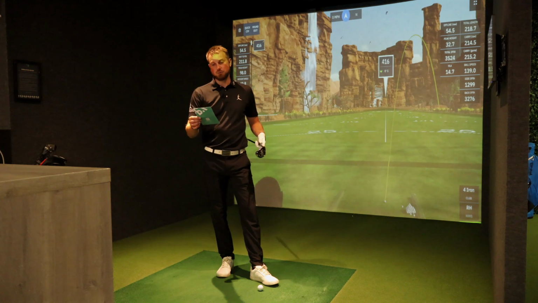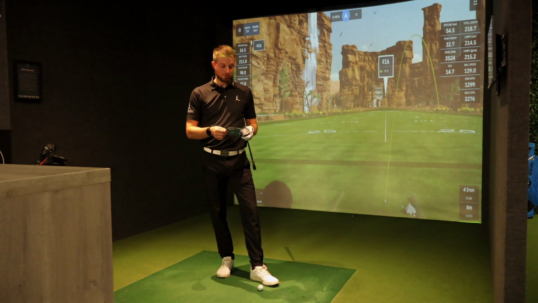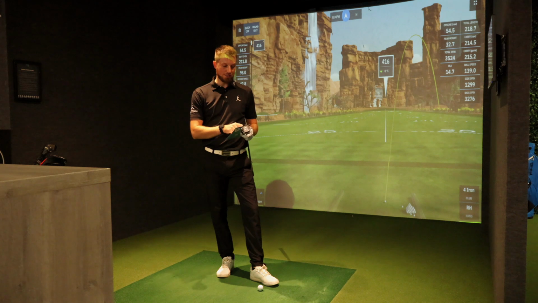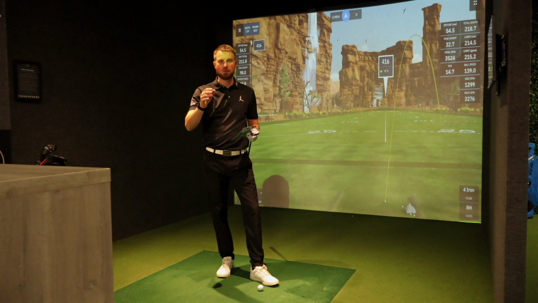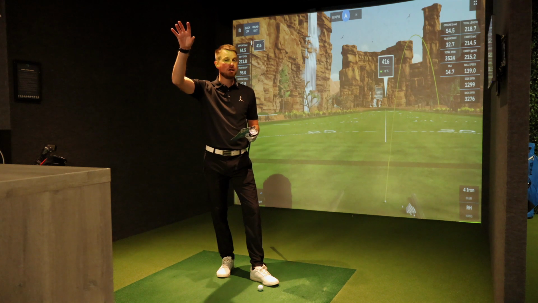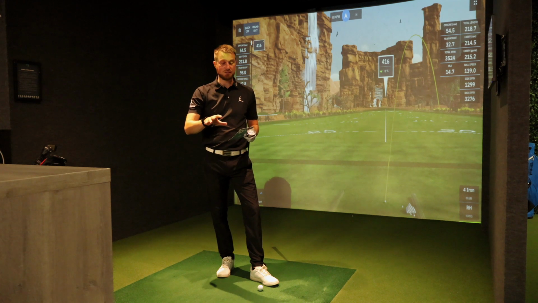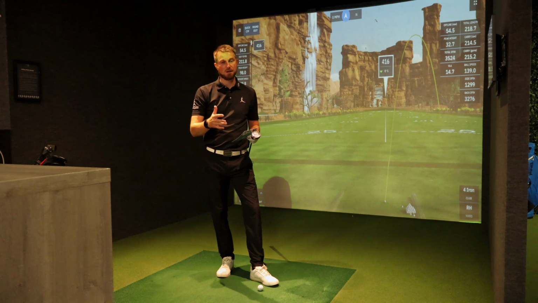So one thing I must add, which is brilliant at what they've got at Virtual Golf Lincoln, is a scorecard where you can take note of all your recordings. So the club, the ball speed, the height of the shot, because that's important too. If you're someone who hits the ball very high, and you can compare that against maybe tour data, you might carry a pitching wedge 140 yards, you might carry 100 yards.